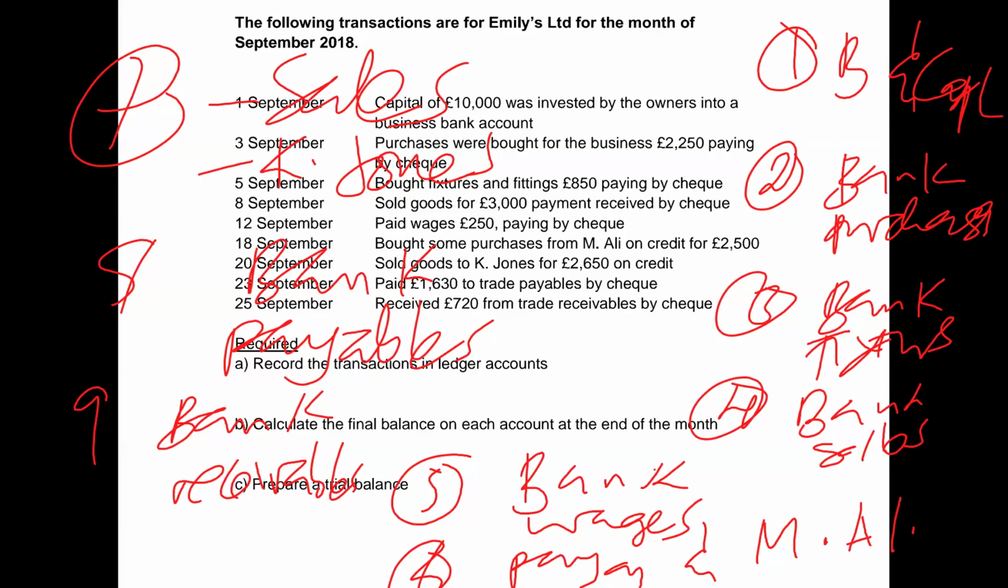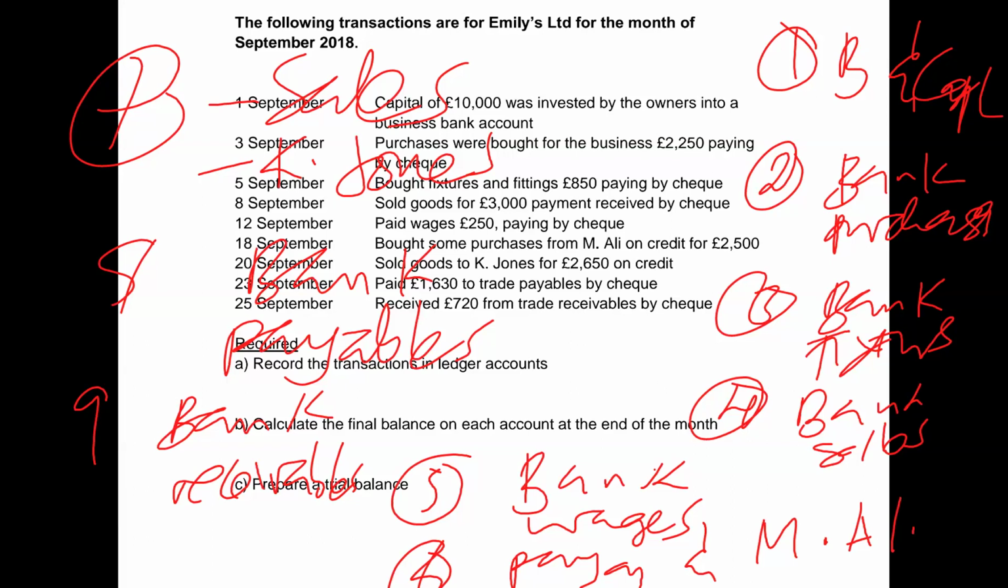And by the way, before you continue, have you checked the transaction on the 18th where you bought some purchases on credit? Every time you buy on credit, of course, the payables account is being credited. So this is a payable. It's not really the personal account.